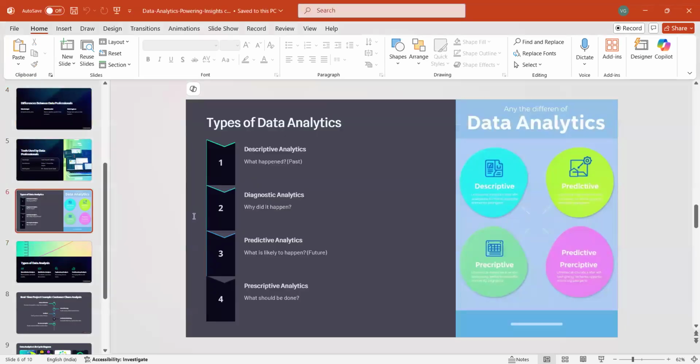Now we understood how the data process works in real time. Now we'll take an example. Suppose you are working with a product-based company. Let us imagine you are a data analyst with a client, Amazon.